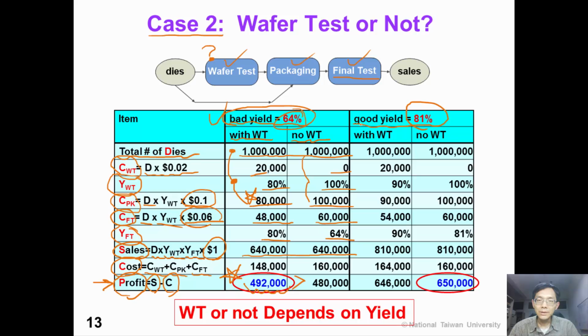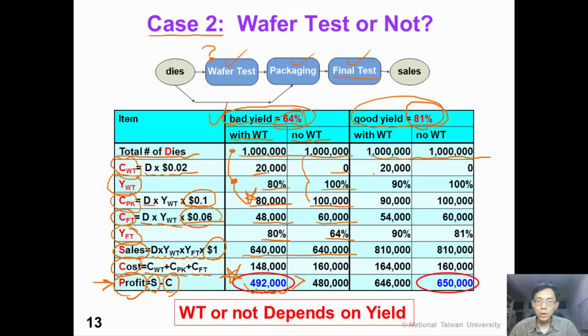However, consider the second scenario. This product has very good yield, 81%. They both have 1 million dies manufactured.